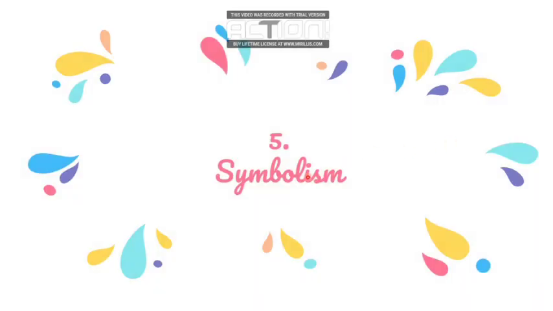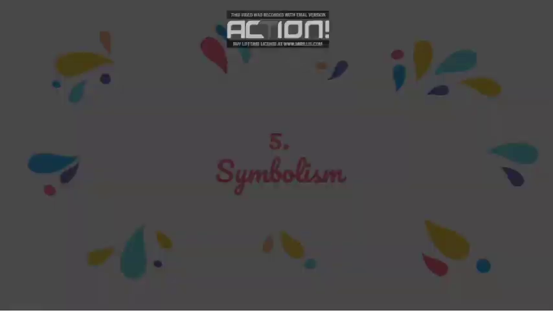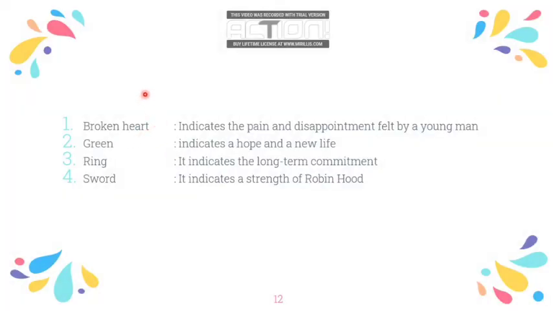The next is symbolism. In this story, I found four symbols. They are broken heart, green, ring, and sword. The first is broken heart.